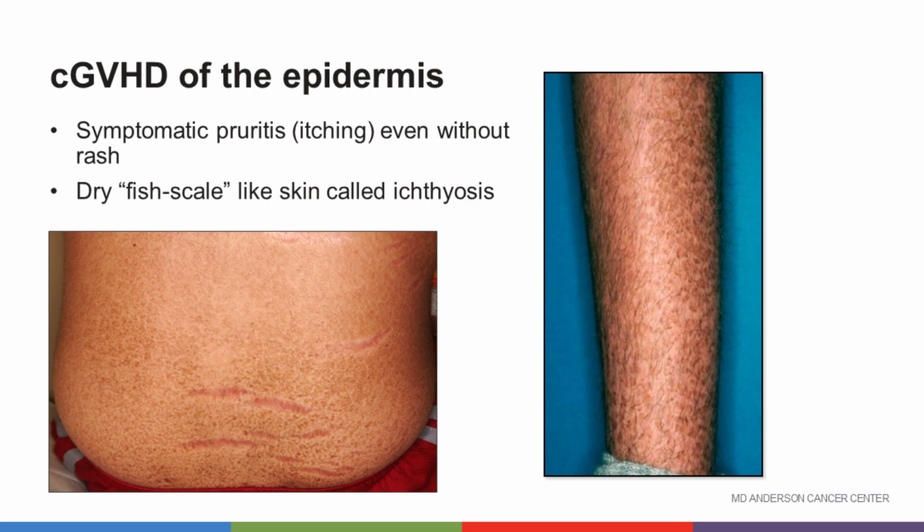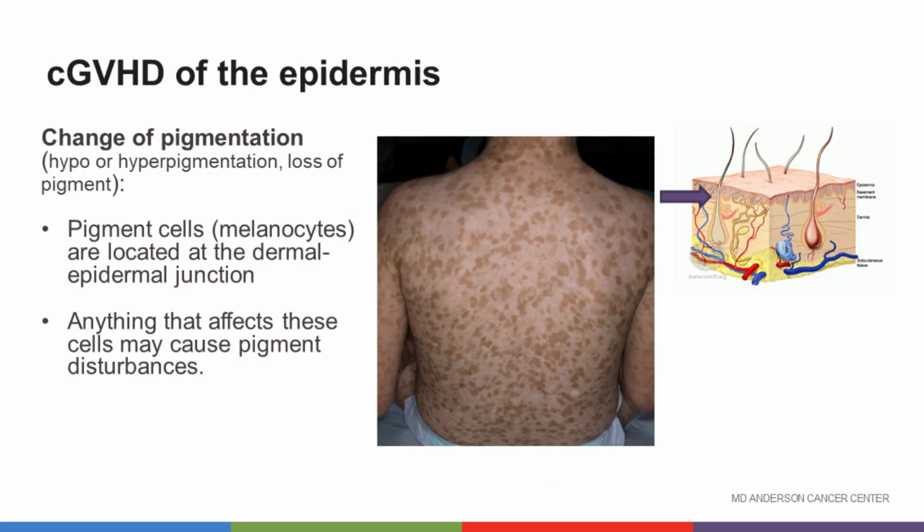If you remember the skin diagram I showed you, at the basement membrane is the area that separates the epidermis from the dermis. And that's where the melanocytes, or our pigment cells, live. And anytime graft-versus-host disease interrupts those melanocytes at the basement membrane zone, we can get color change in the skin.